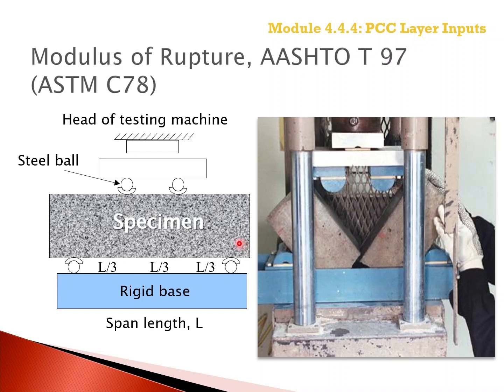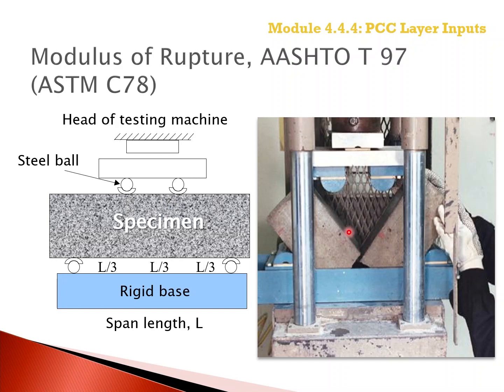As shown in this slide, the beam specimen is loaded at third points, and the beam is loaded at a constant rate of about 125 to 175 pounds per square inch per minute until the beam breaks.